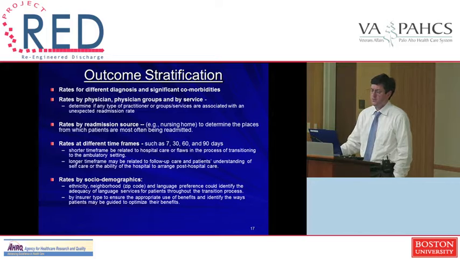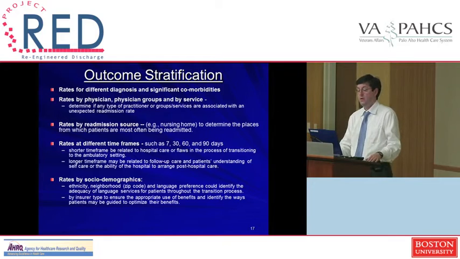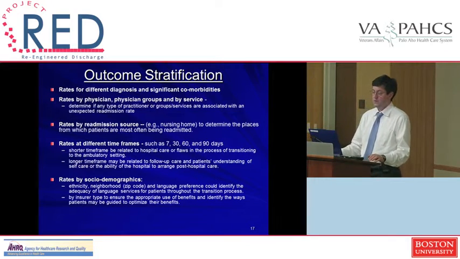It also might be important to stratify your outcomes by the physician or the physician group or by service. And it could be that some practitioners or groups of practitioners are associated with higher or lower readmission rates than others.